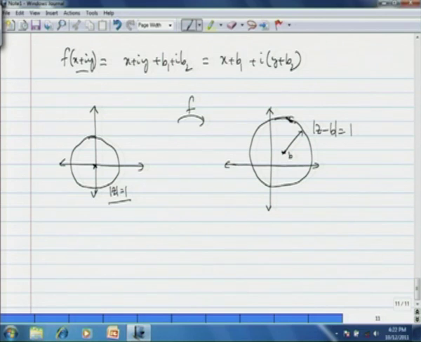So, the image of the set of all z such that modulus of z equals 1 is going to be the set of all z such that modulus of z minus b is 1.